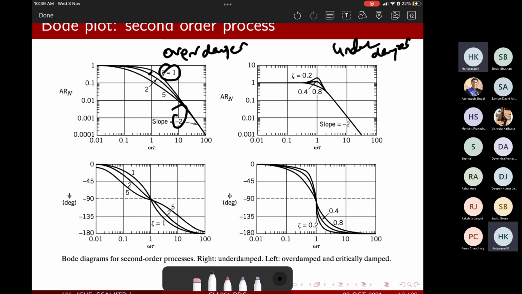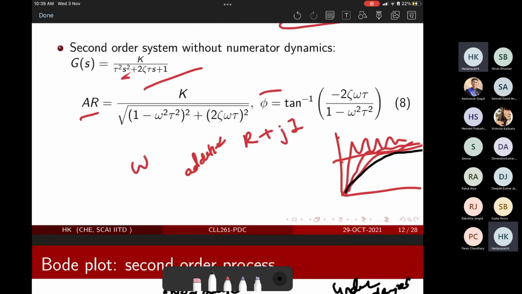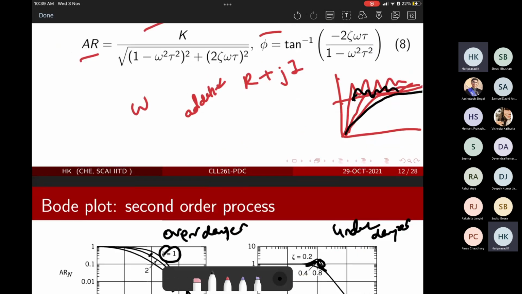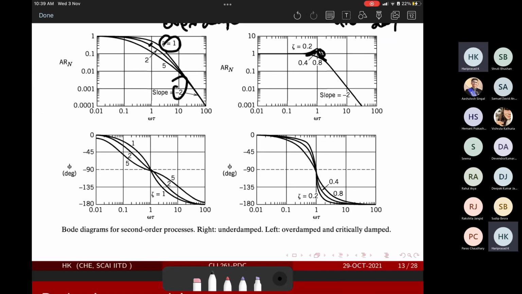But look at the underdamped case, there is some level of perturbation here. We know that an underdamped system also gives an oscillatory response at some point of time. This is the regime wherein that frequency gets acted upon, maybe around 0.1.